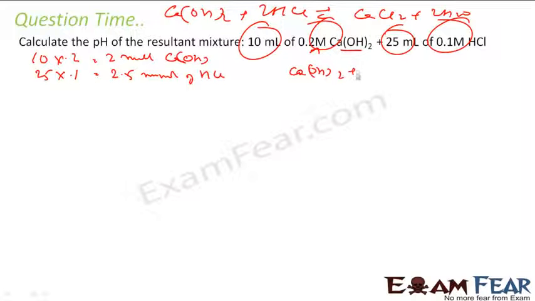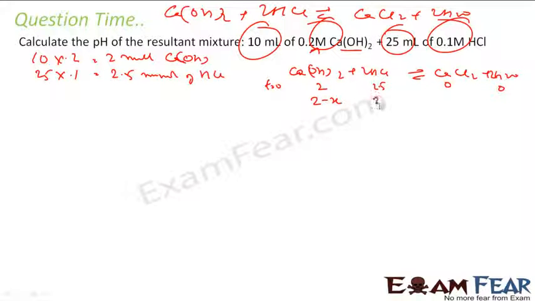So let's have this reaction first. Ca(OH)2 plus 2HCl gives CaCl2 plus 2H2O. So let's assume t equals 0. I had 2 millimoles of this, 2.5 millimoles of this, 0 of this, 0 of this. Let's suppose this takes X, right?